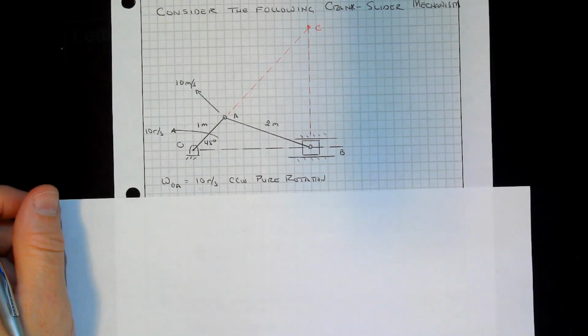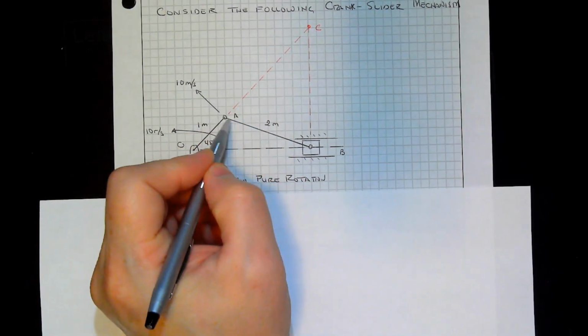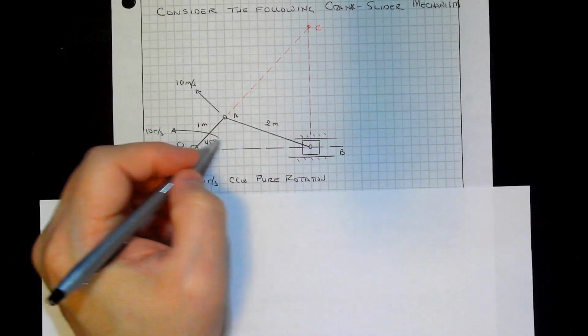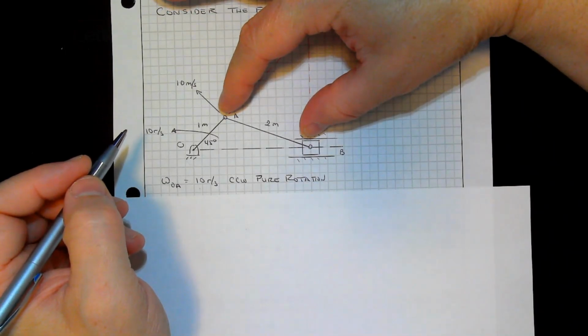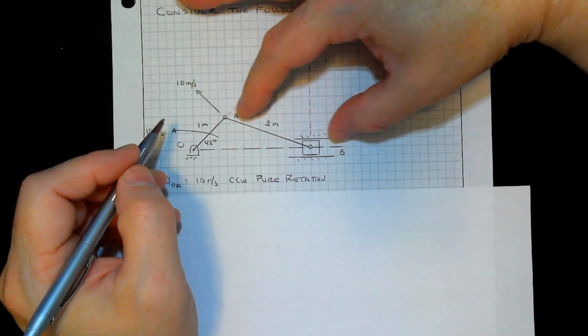Now let's take a look at B. So, let's look at AB. If I look at what AB is doing, as this rotates like so, here's AB here, but as this rotates up, it's going to go like this. You see that?